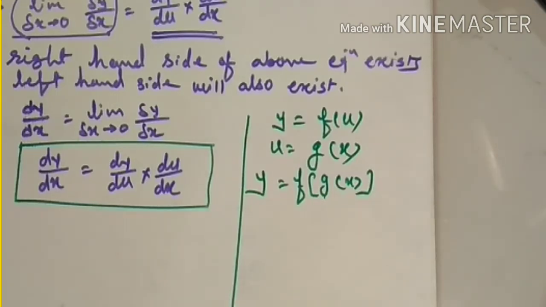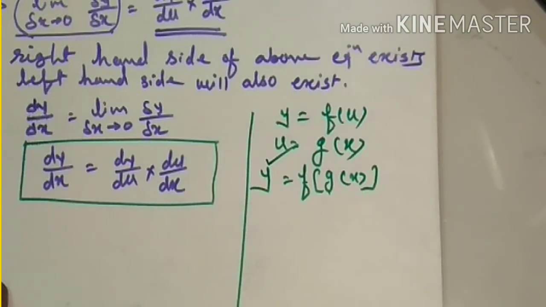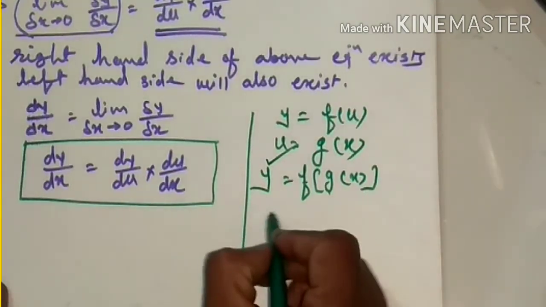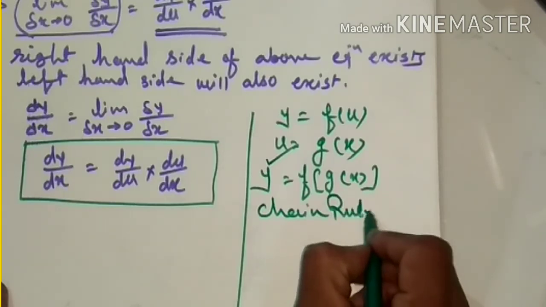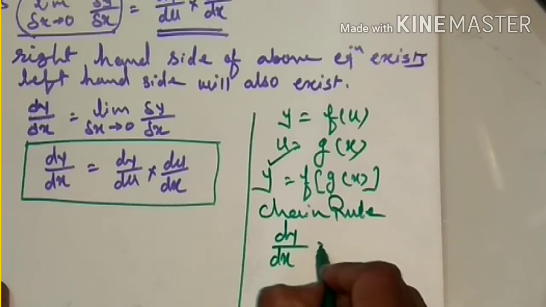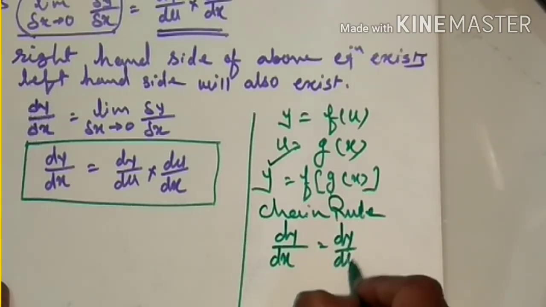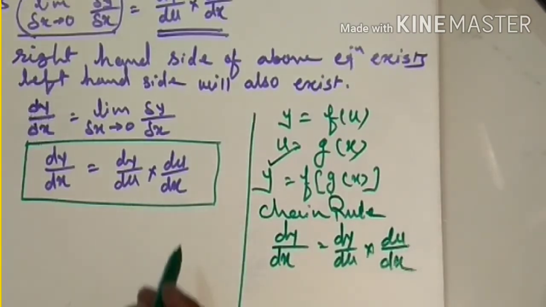So this is a composite function, and if you want to differentiate this composite function y with respect to x, at that time you need to know the chain rule. So what is the chain rule? dy by dx is equal to dy by du into du by dx. This we have proved here.